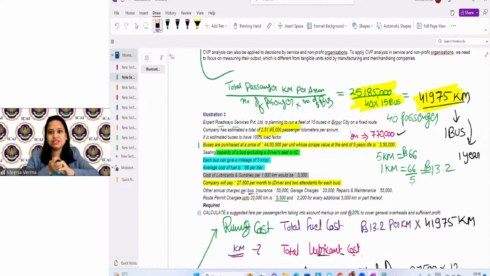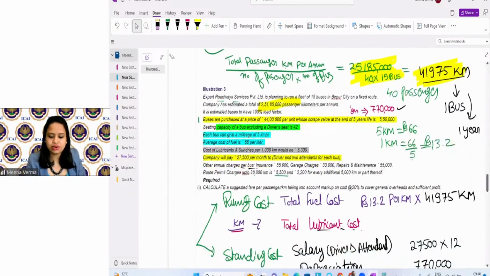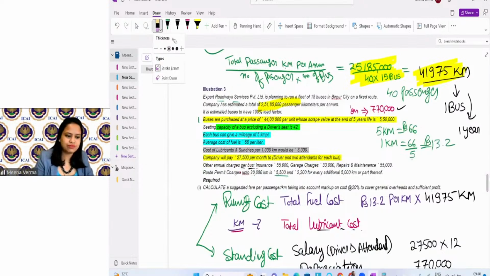So lubricating means greasing or oiling of engines or something. Here they are saying once the bus runs for 1000 kilometer, lubricating is required. Again, when the bus will travel for the next 1000 kilometer, again lubricating is required. So the process of lubrication is required after every 1000 kilometer. Now you know that the bus is actually running for how much? 41975 kilometer.